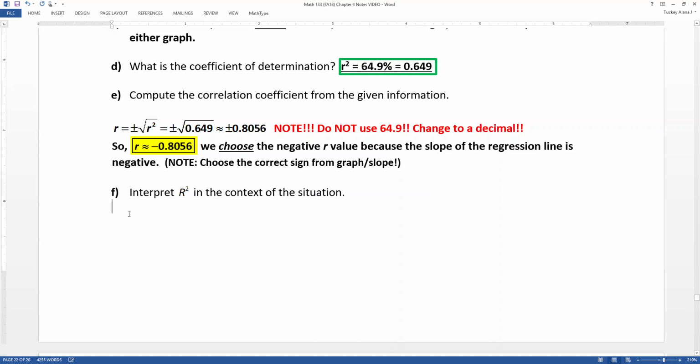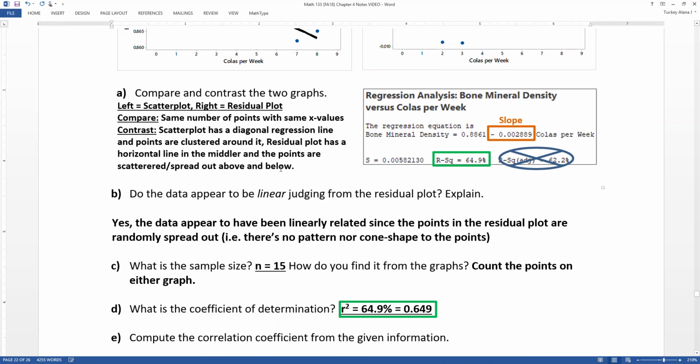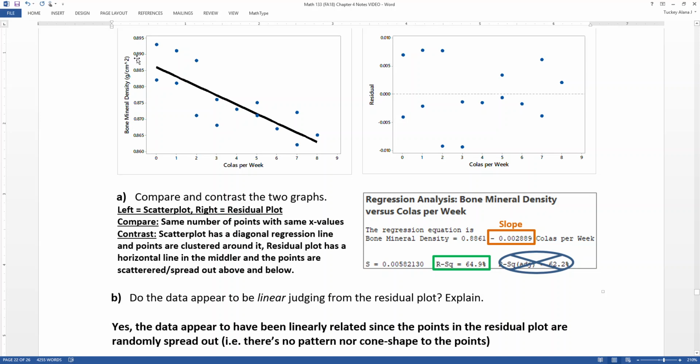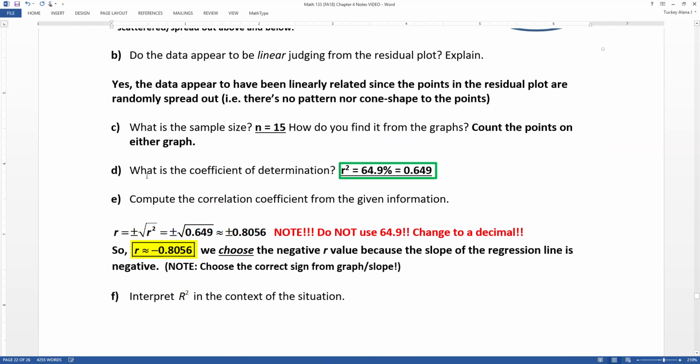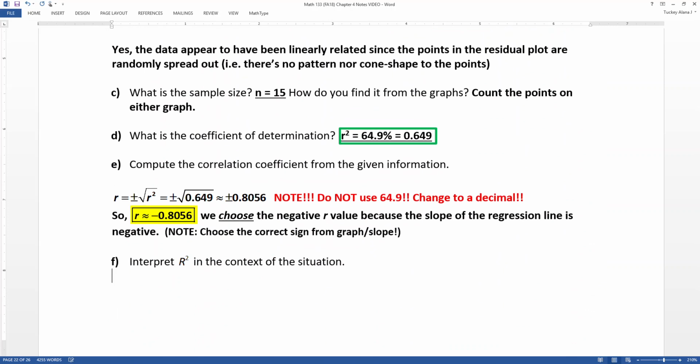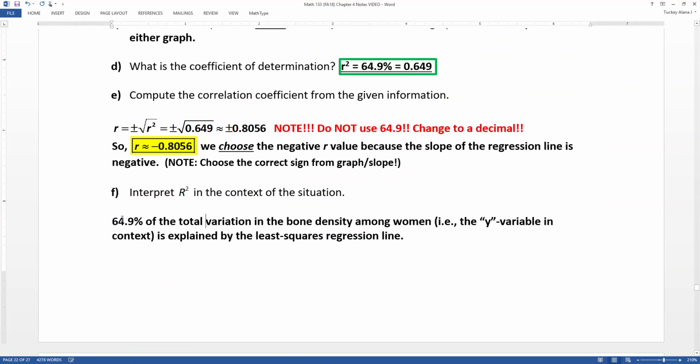All right, now last but not least, let's interpret the r squared. The r squared is 64.9%. That means that 64.9% of the variation that we see in y, which is the bone mineral density in women, can be explained by the least squares regression line. And that's what I wrote: 64.9% of the total variation in the bone density among women, in other words, the y variable for this context, is explained by the least squares regression line.